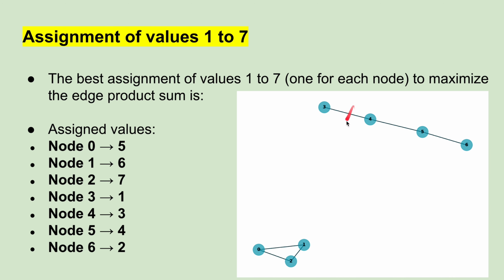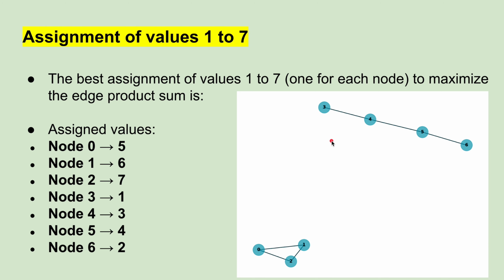Then 3 to 4 is edge 4, 4 to 5 is edge 5, and 5 to 6 is edge 6. So total how many edges are there? We have 6 edges, you can say.